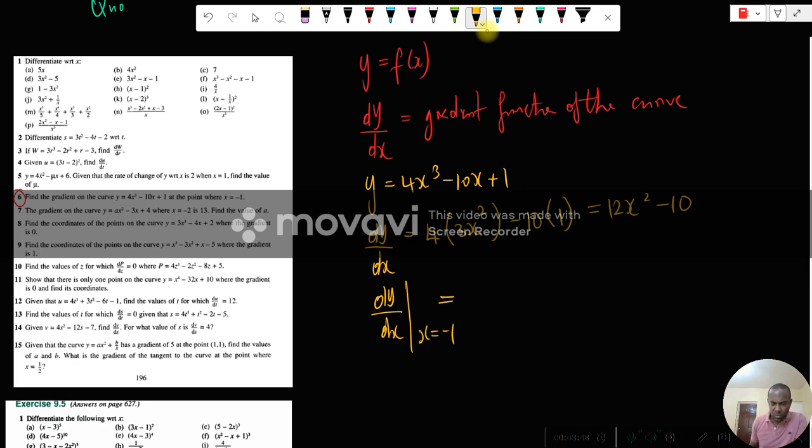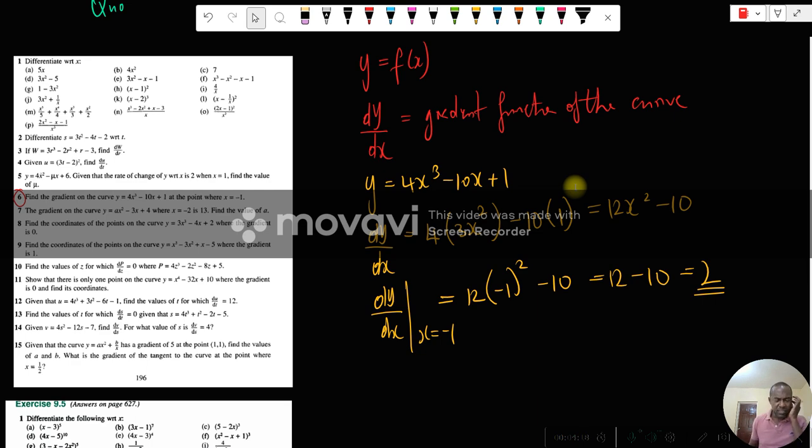So this, of course, will be equal to 12 times minus 1 squared minus 10, which is equal to 12 minus 10, which is equal to 2. So what this is basically telling us is that at this point on the curve, the gradient is equal to 2. Any questions? No, sir.